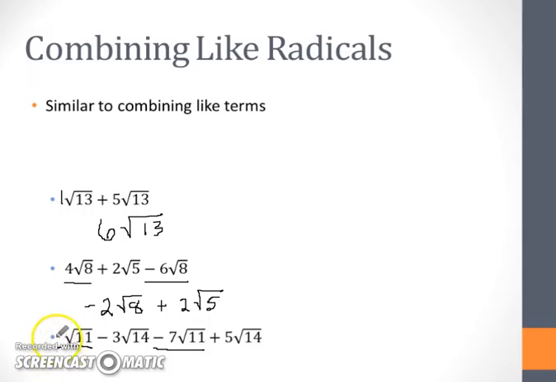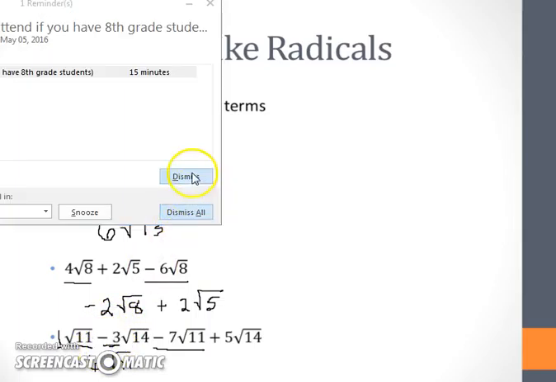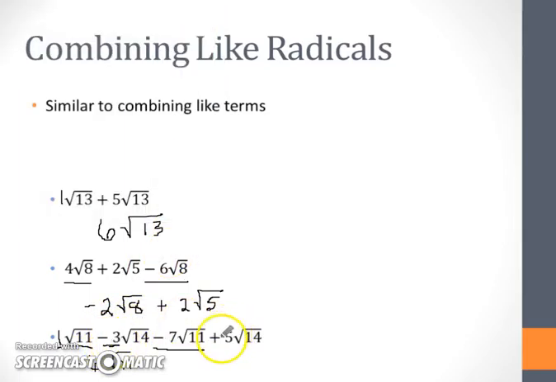Think of that as 1 minus 7, so that's a negative 6 square root of 11. And then a minus 3 plus 5, it's like a negative 3 plus 5, we'd have a positive 2 square root of 14. So that's combining like terms.